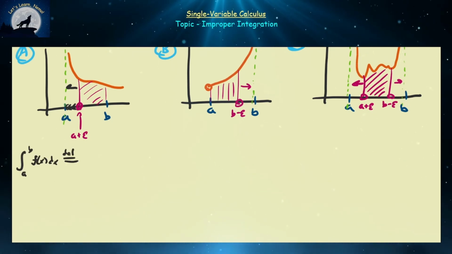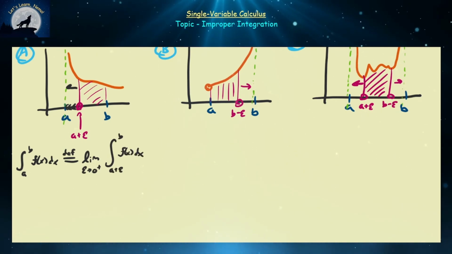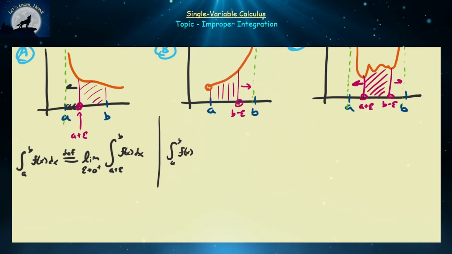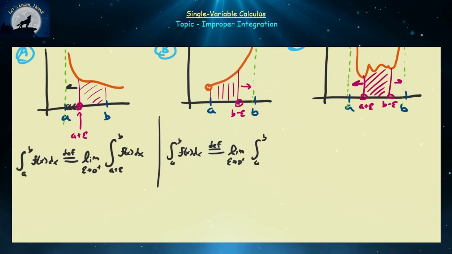This is going to be defined to be equal to the limit as epsilon approaches 0 from the right of the integral of a plus epsilon to b of f of x dx. The next one, the integral from a to b of f of x dx, this will be defined to be the limit as epsilon approaches 0 from the right of the integral from a to b minus epsilon of f of x dx.